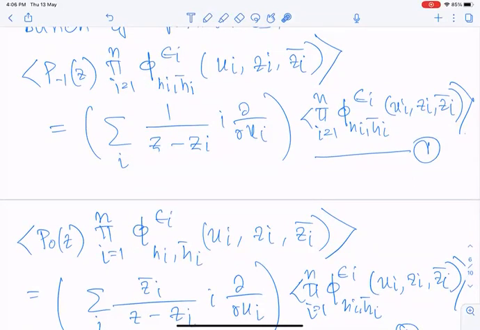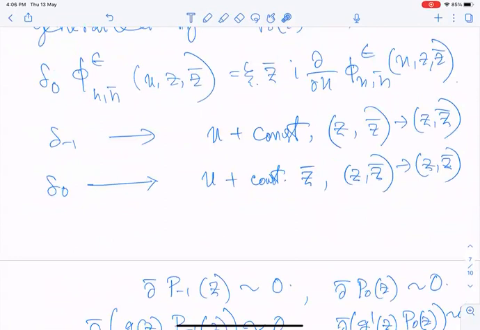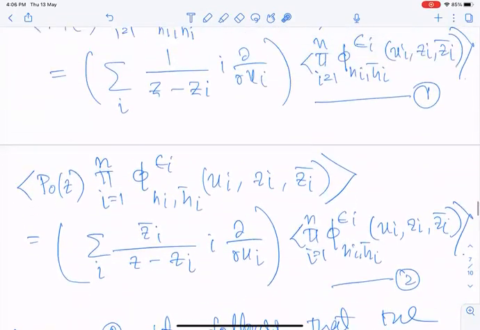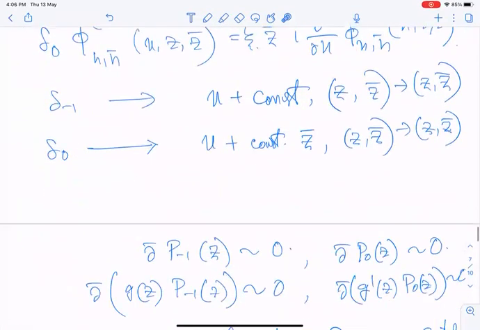So this we got from the soft theorem. And then what I showed is that you can use your standard intuition from 2-dimensional conformal field theory, and then you can interpret them as these. So first, what I did was that I just looked at the global transformations which are generated by P_{-1}(z) and P_0(z). Those turned out to be the global space-time translations of this form: u going to u plus some constant, and u going to u plus some constant times z bar.